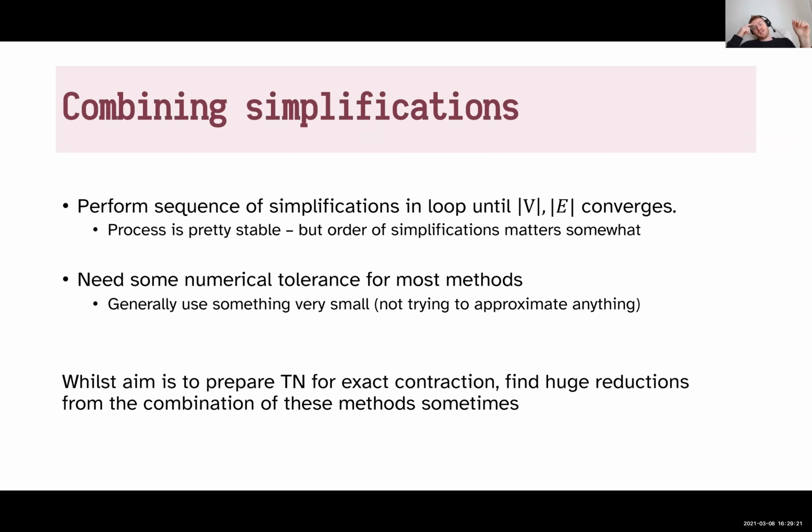And so, like I said, whilst the aim of these is really just to prepare the tensor network for exact contraction, what we found was that there's actually huge reductions from these in lots of cases. There's a surprising amount of cases where just combining them yields a single tensor at the end. They can reduce all the way, fully simplifiable.